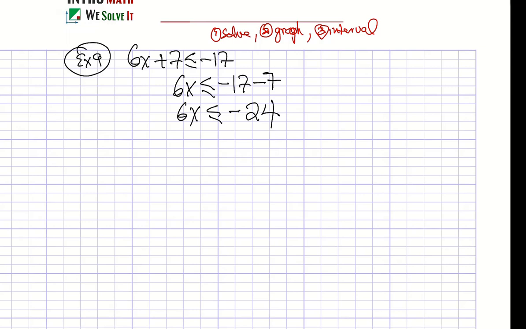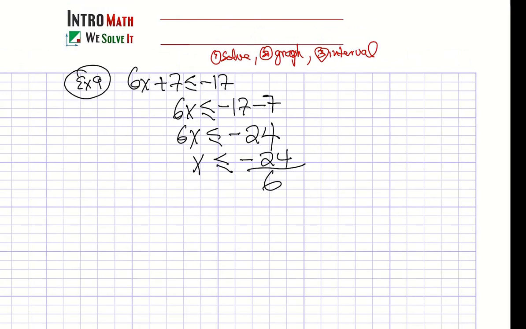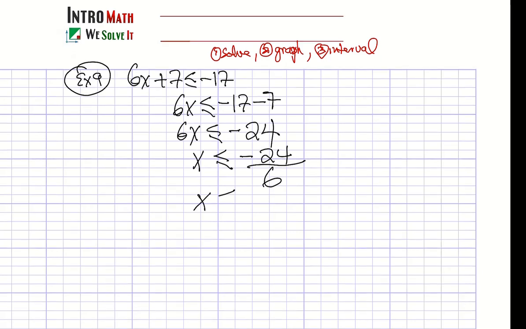And then we'll say x less than or equal to negative 24 divided by 6. You see that, right? After you do the division, you will get x less than or equal to minus 4, and that's what you get there.